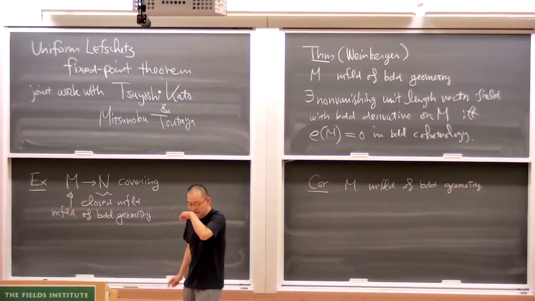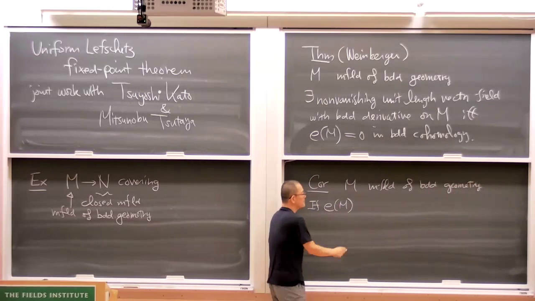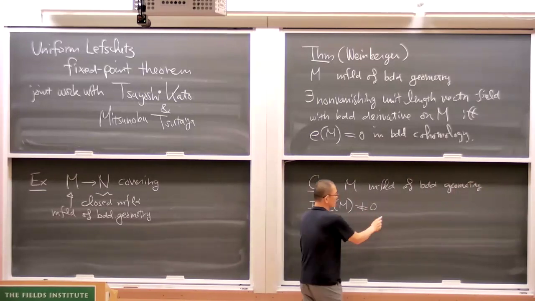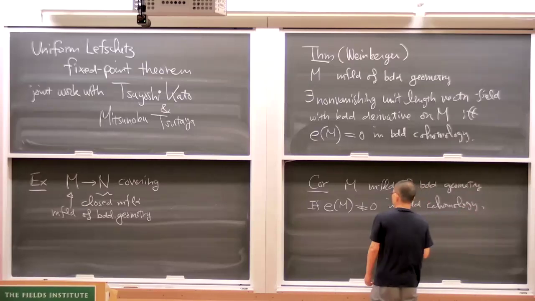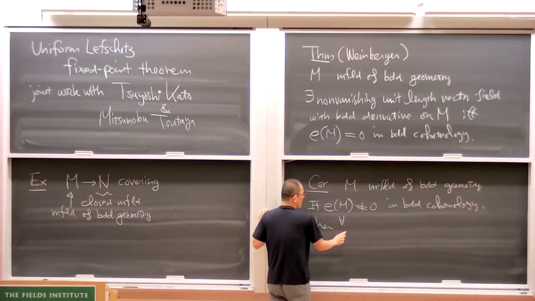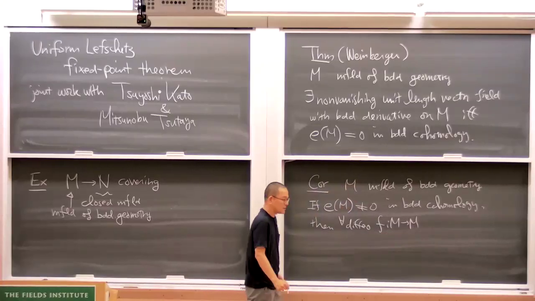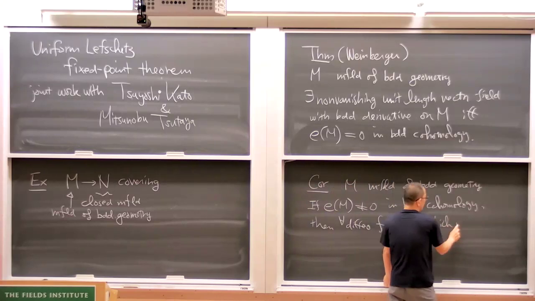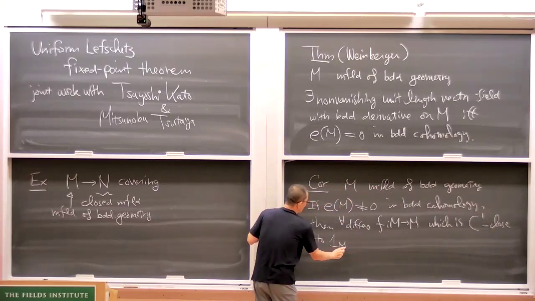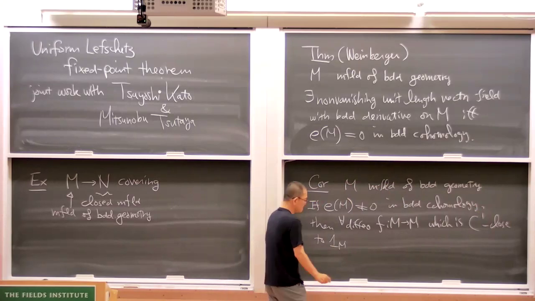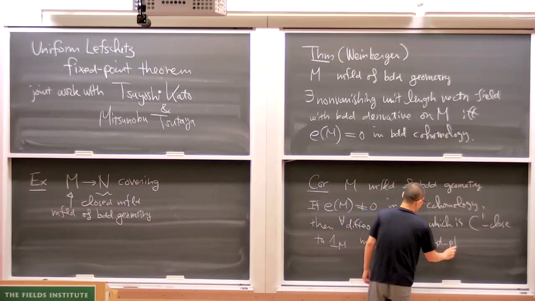If the Euler class of M is non-zero in bounded cohomology, then any isomorphism of M which is close to the identity map must have a fixed point.